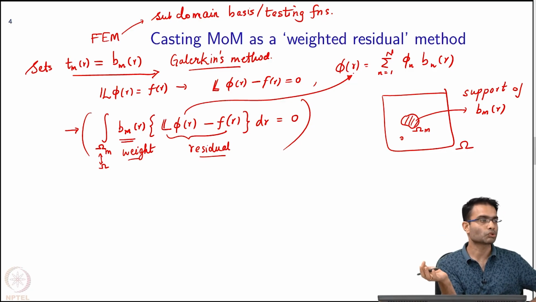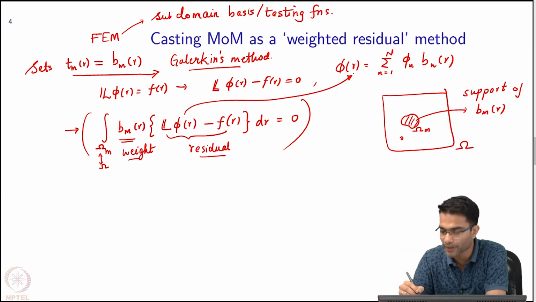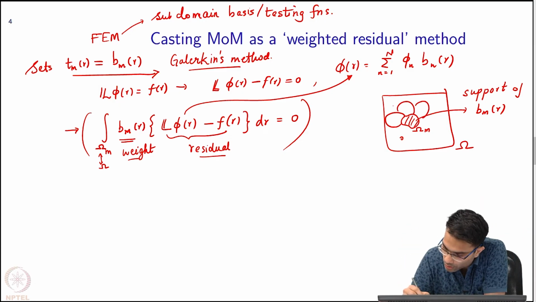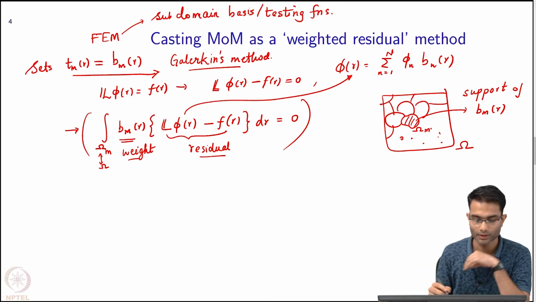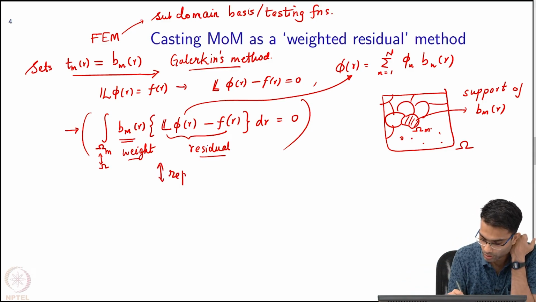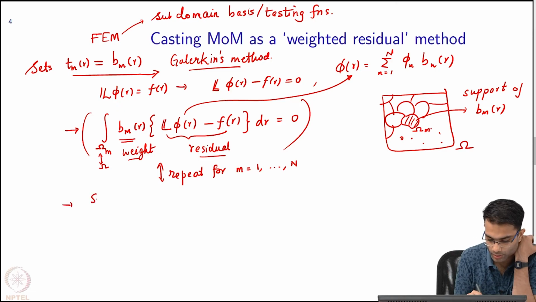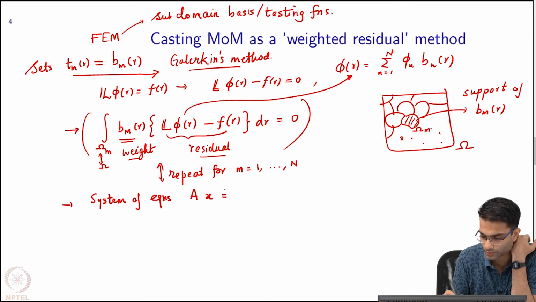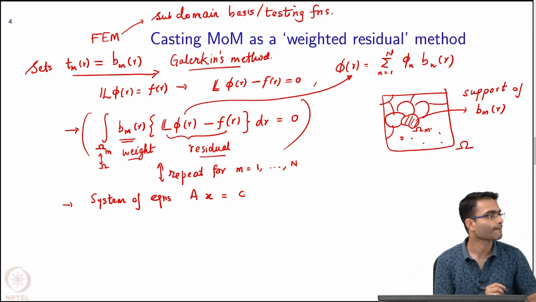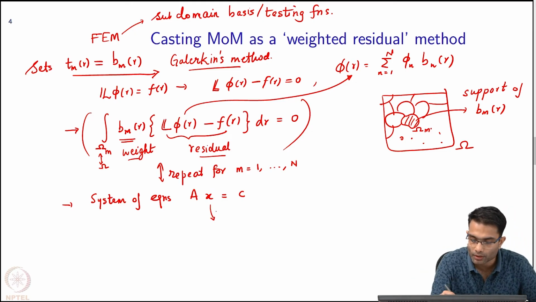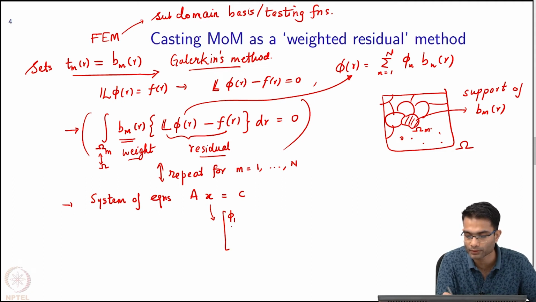So, the basic framework of FEM is to break up your whole domain into such small regions, and repeat for m equal to 1 to N, and you get a system of equations, Ax equal to C, where x is a column vector phi 1, phi 2, all the way up to phi n.